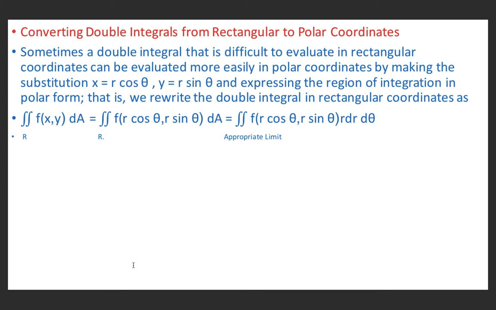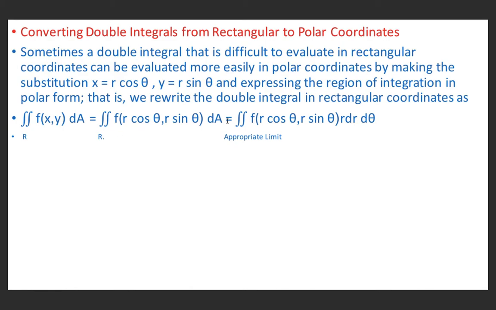In this case, we write the double integral of the function f of x and y in the region R as the double integral of the function f of r and theta, with the substitution x equal to r cos theta and y equal to r sin theta.